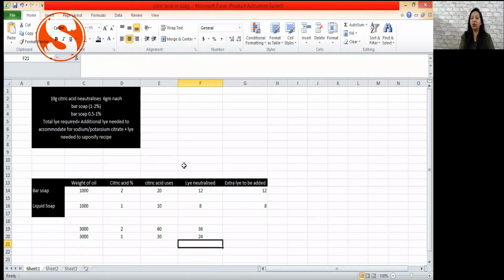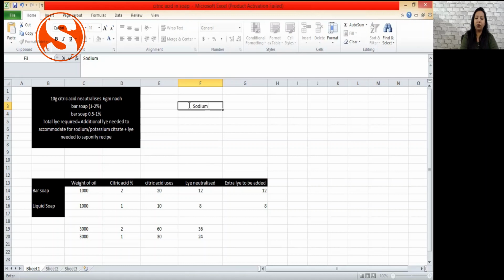Let's also talk about sodium gluconate. Sodium gluconate is another very cheap and natural alternative. It will cost you not more than 60-70 rupees a kg. I like to use it at 0.5% of oil weight.